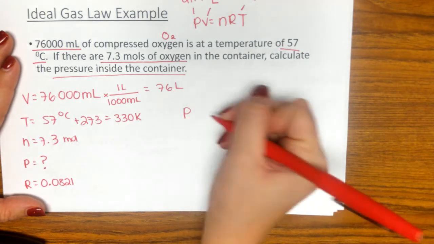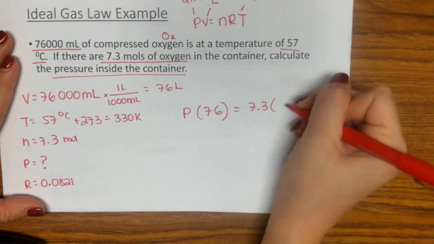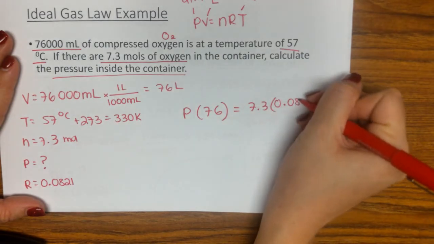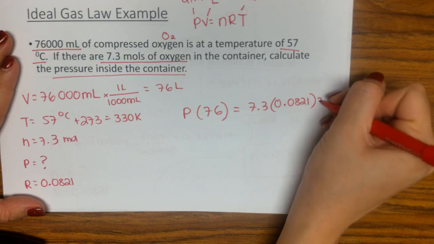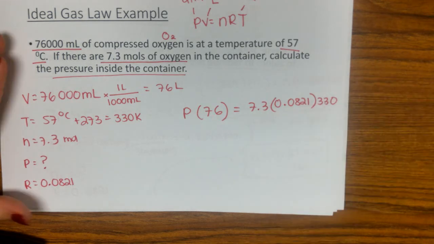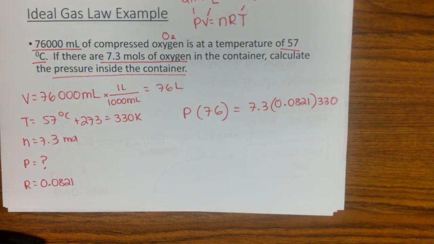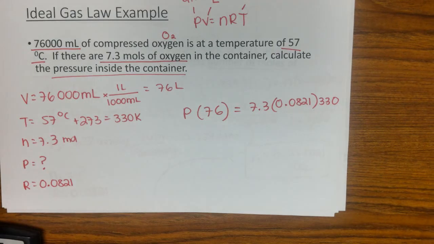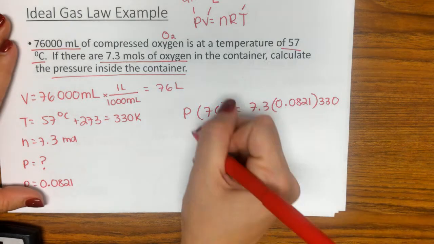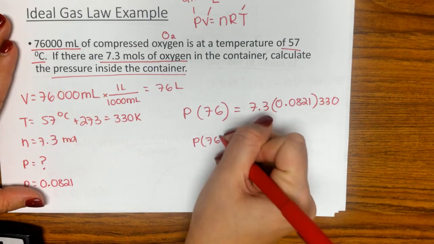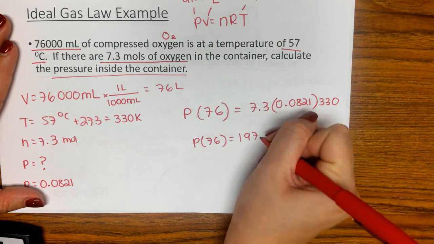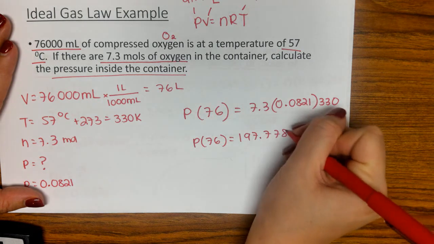And then ready to plug into the equation. I don't know P. My V is 76 equals N, 7.3 times my R, 0.0821, times my T, 330. And solve for P. P times 76 equals 197.7789.